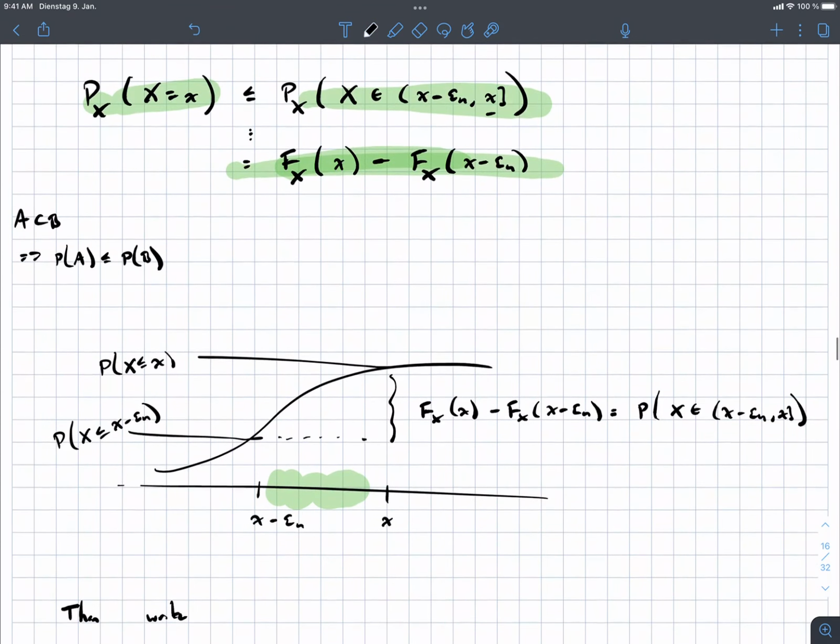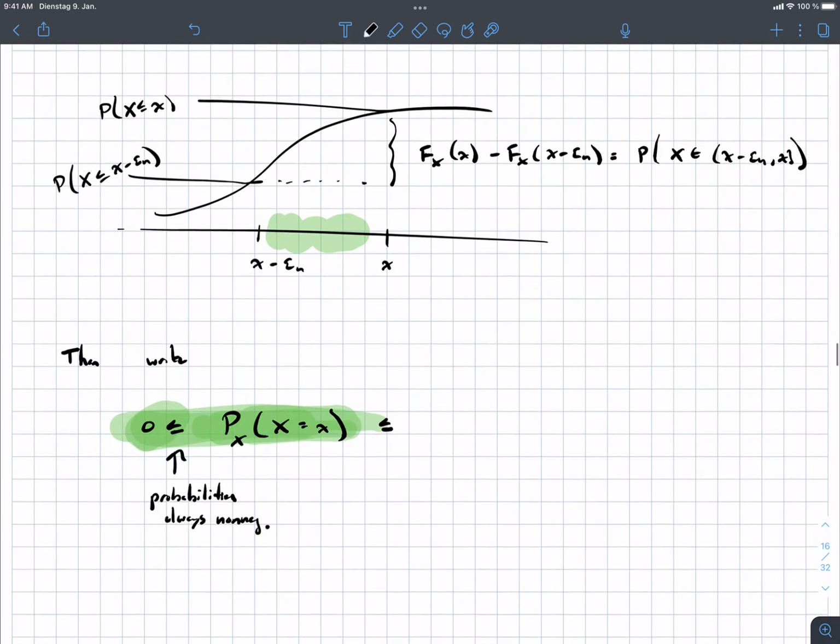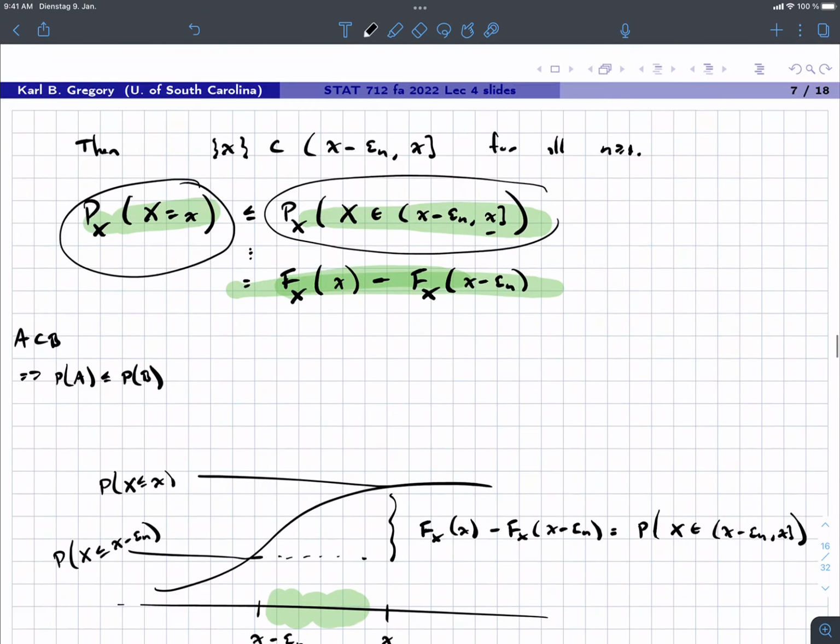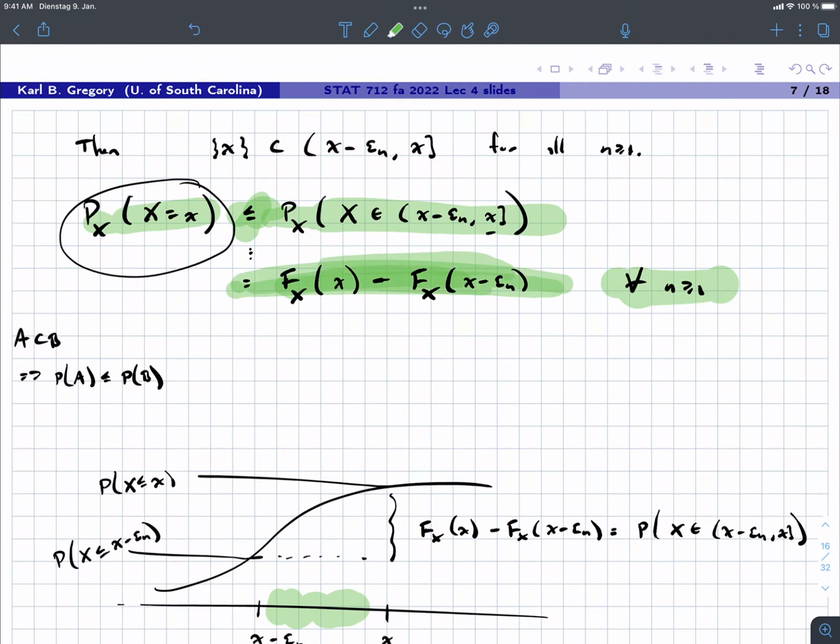So remember, this is bounded above by this, so it must also be bounded above by the limit of this. This is for all n, and if this inequality holds for all n, then it also holds for the limit of the right-hand side.